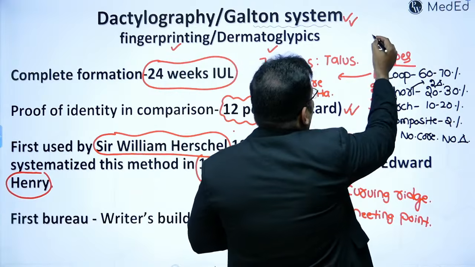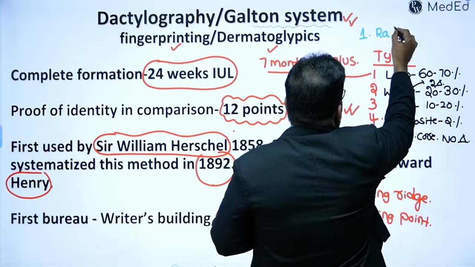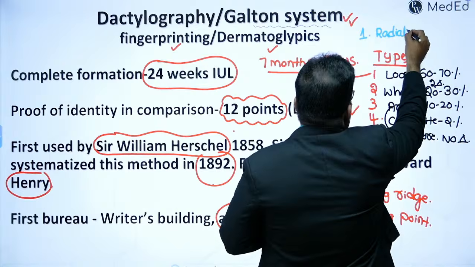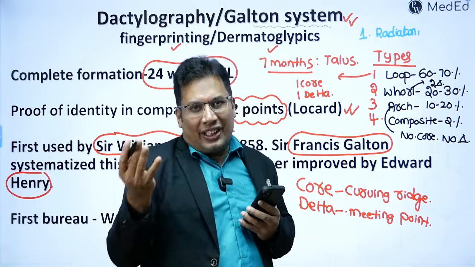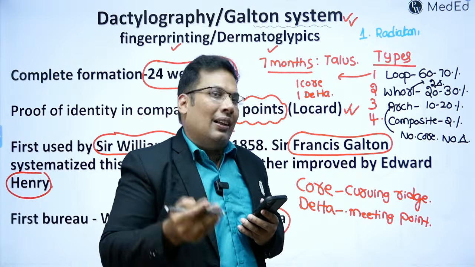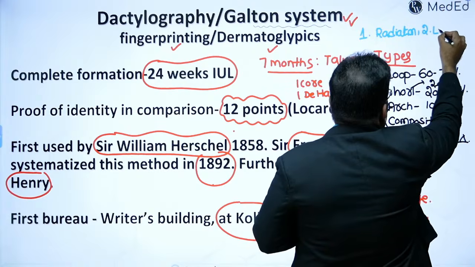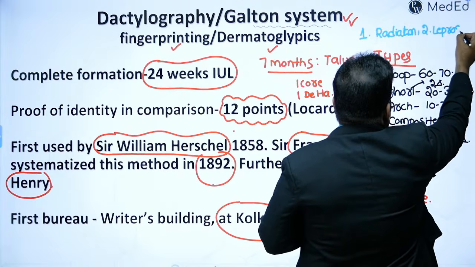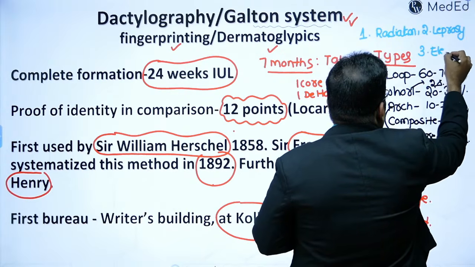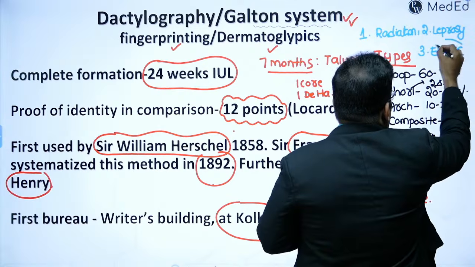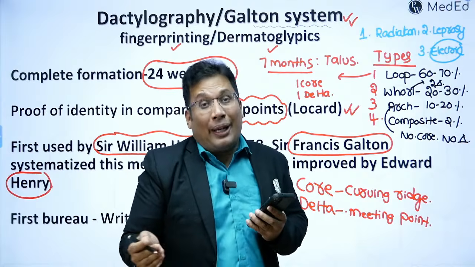One is radiation injury. When hands are exposed to radiation injury, there can be permanent loss of fingerprint. The second one, leprosy. And the third one, electric injury. Some drugs like capecitabine also.